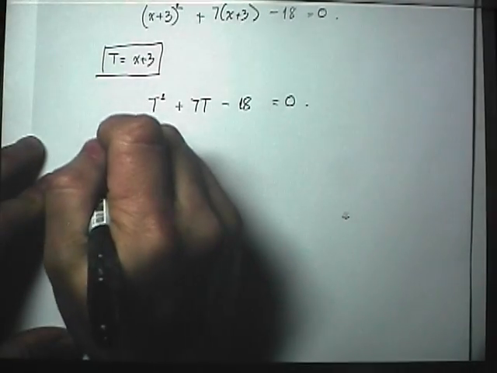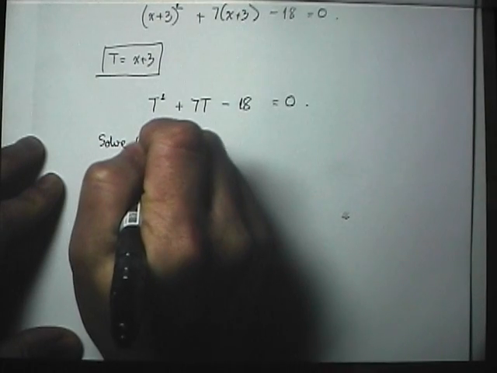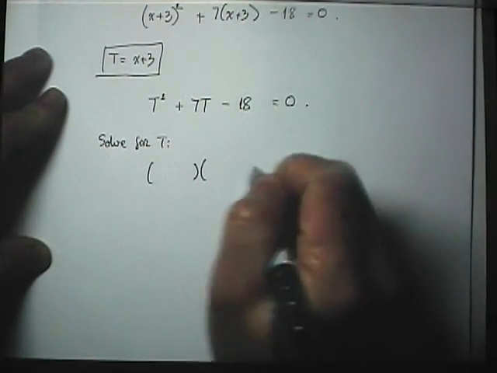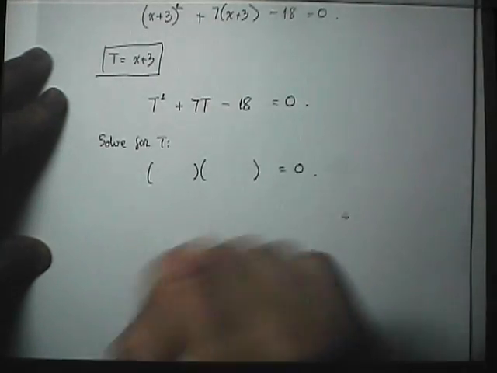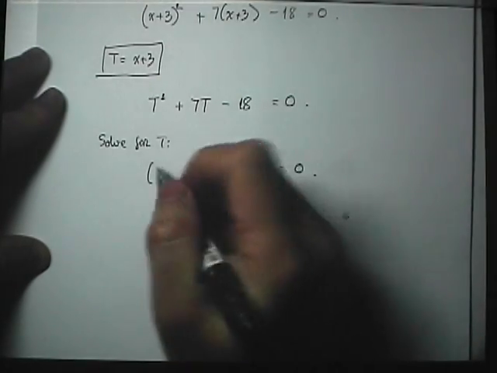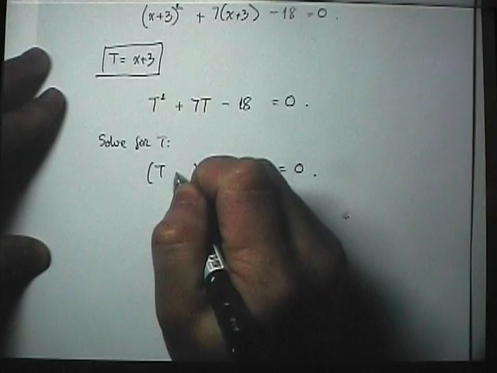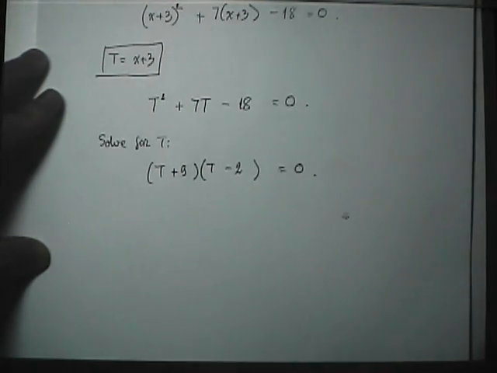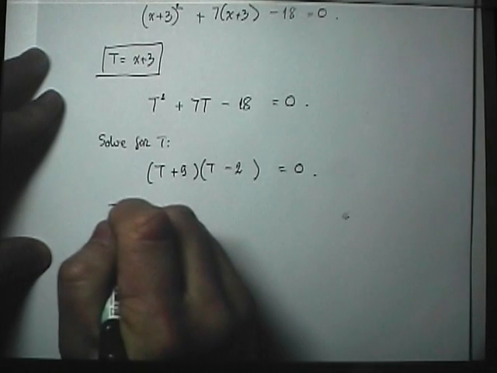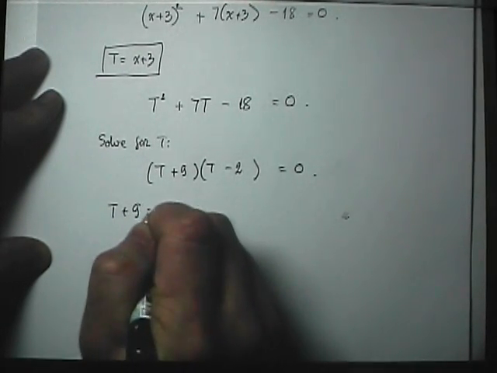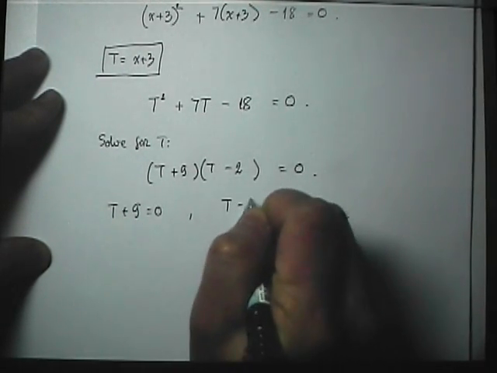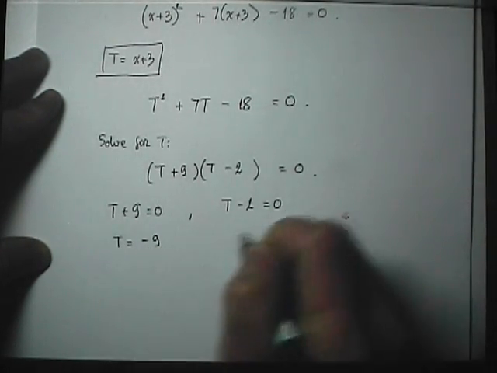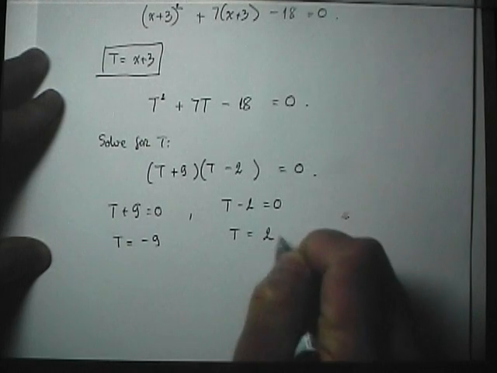Solving for t, factoring is pretty much my only access so far in any of these problems. I need a t here, plus 9 minus 2. So immediately that gives me t plus 9 equals 0, and t minus 2 equals 0, and that produces t equals negative 9, and t equals positive 2.